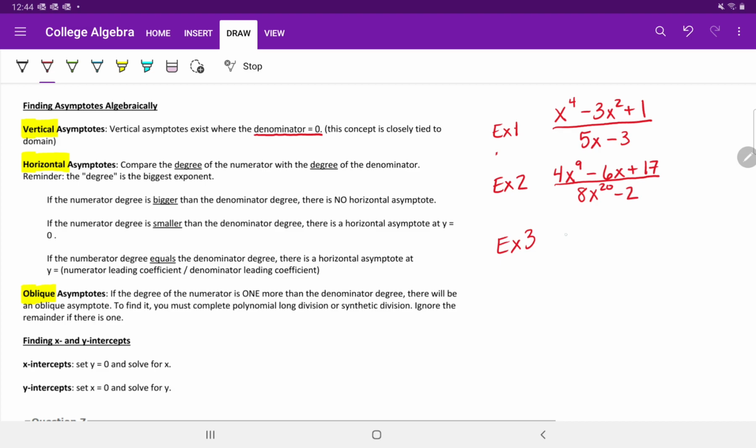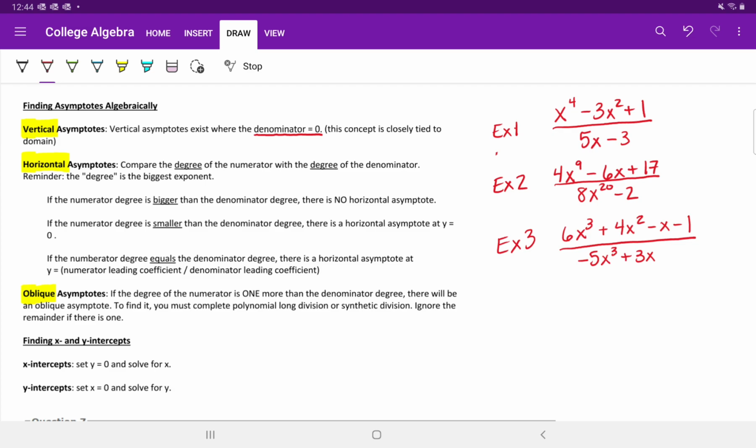And for example 3, we'll do 6x cubed plus 4x squared minus x minus 1 all over negative 5x cubed plus 3x. Okay, good enough. That took me a while to write those examples down, but I wanted to demonstrate 3 very different cases here.